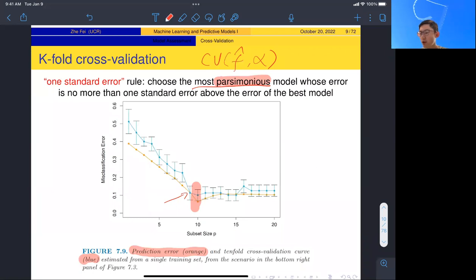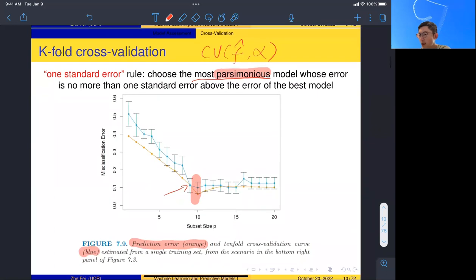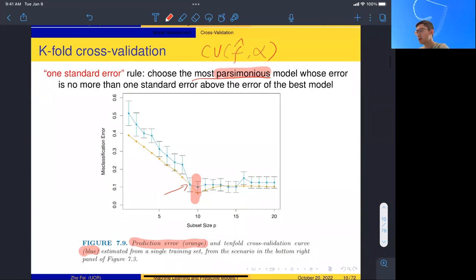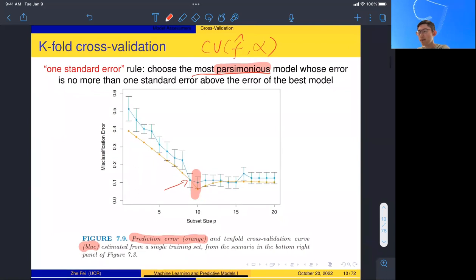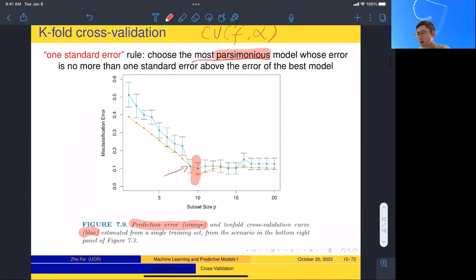So we should pick the model size of 9 instead of 10. That's the idea of the one standard error rule. Always keep in mind that we prefer simpler models if they are similar in performance. Okay.